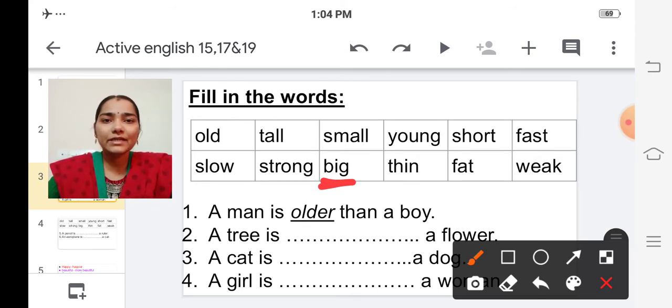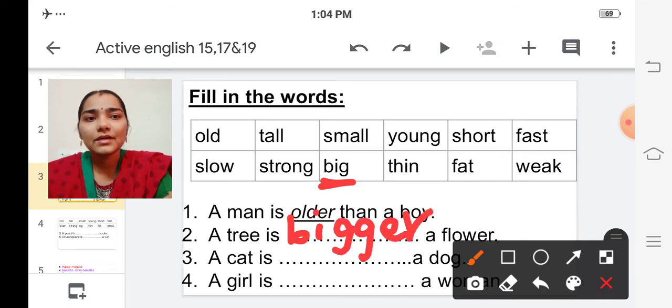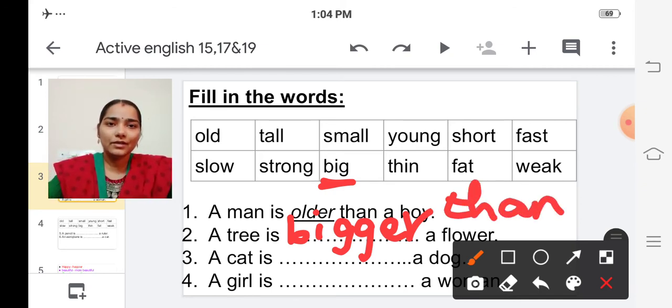It is bigger. So, a tree is bigger than a flower. A tree is bigger than a flower.